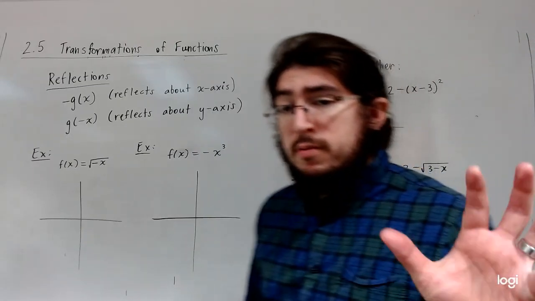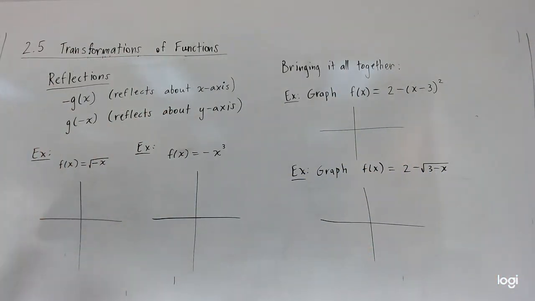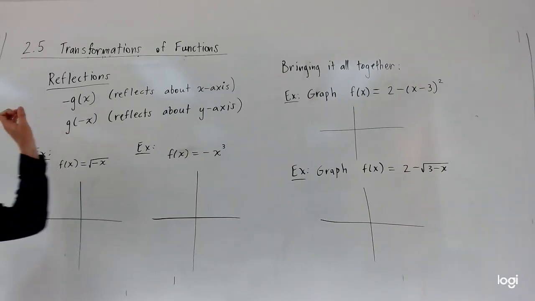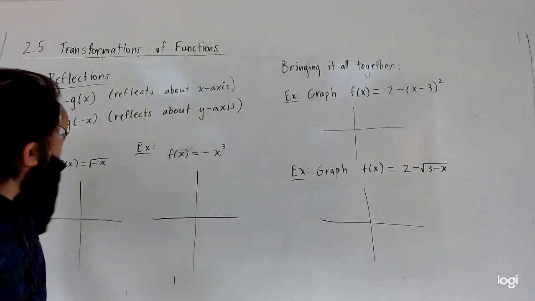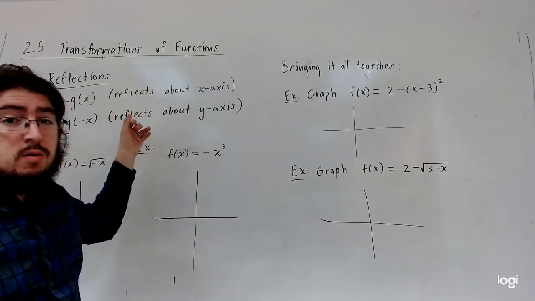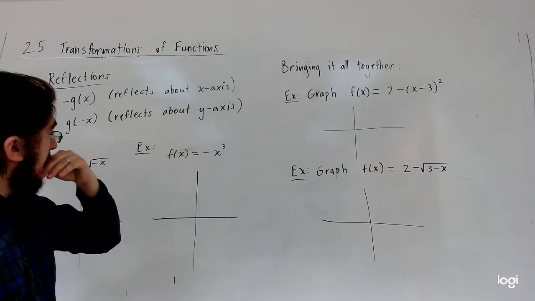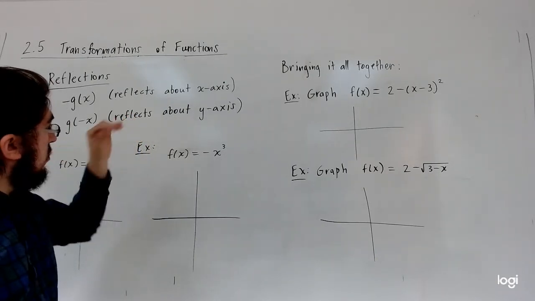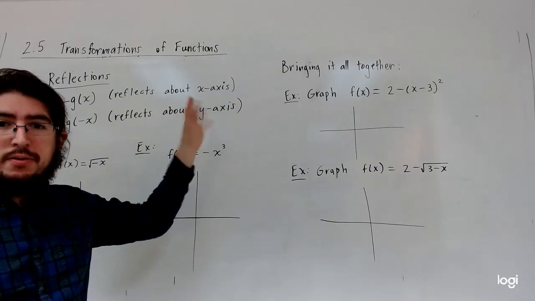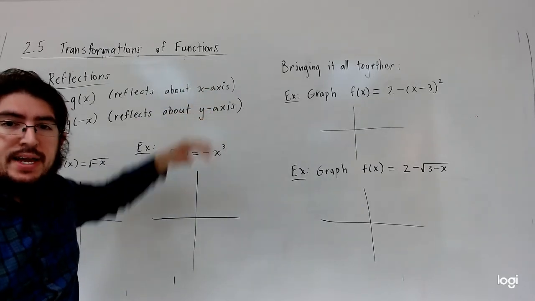Okay, so now for reflections, I say the following. Negative g of x reflects about the x-axis, where g of negative x reflects about the y-axis. So there is a horizontal reflection about the y-axis and a vertical reflection about the x-axis.